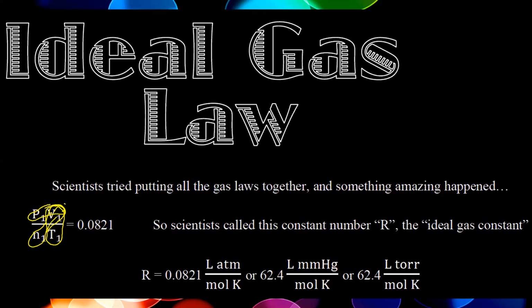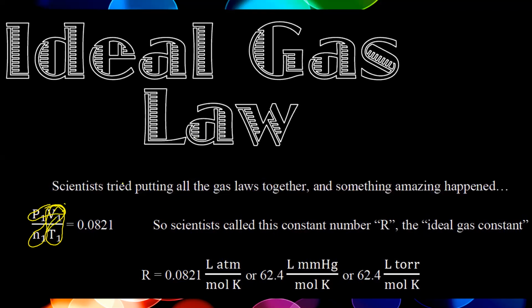Isn't that really weird that nature would work it out to always give the same number every single time? Well, it does. So this number we've given a special name to. Since it's always this number, it's a constant, we call that the ideal gas constant. Now, we don't want to keep saying ideal gas constant, especially in our equations.